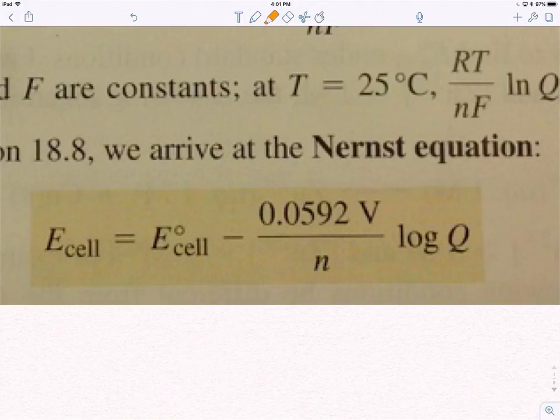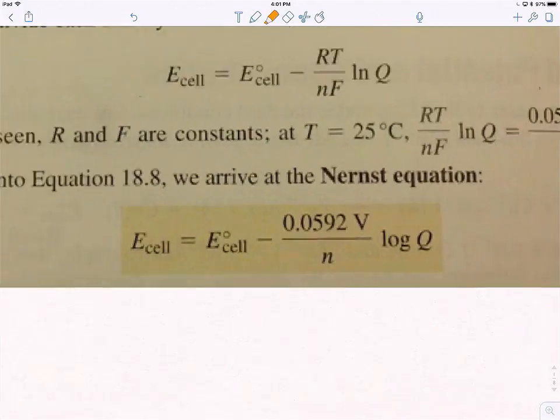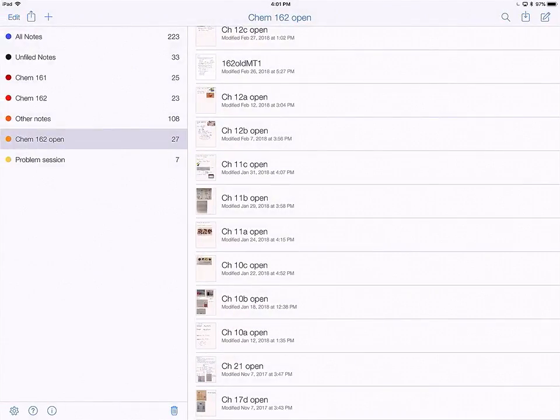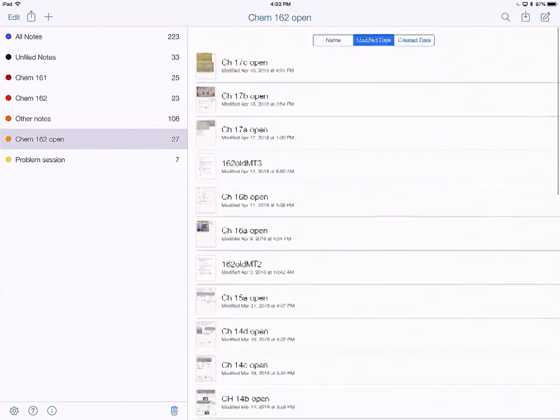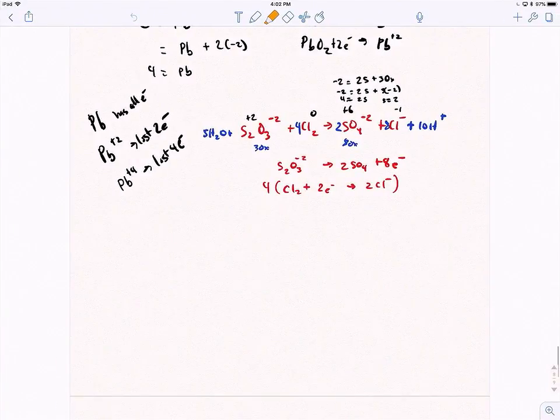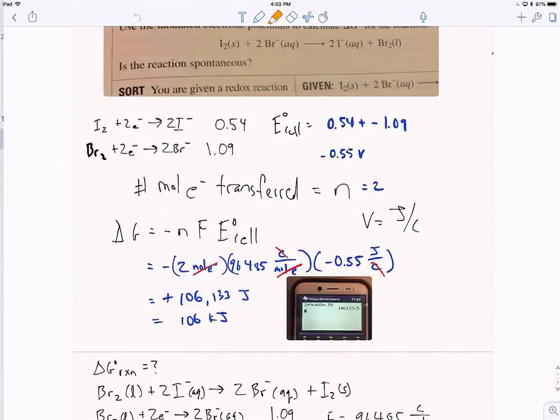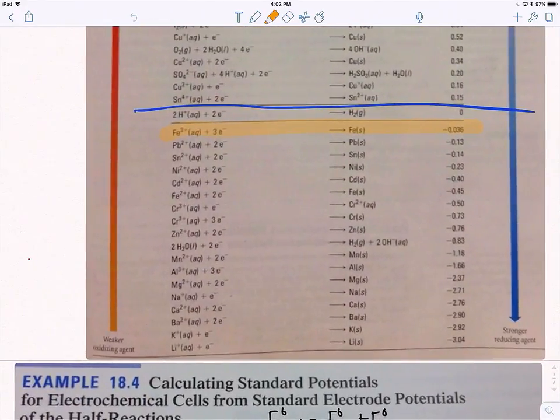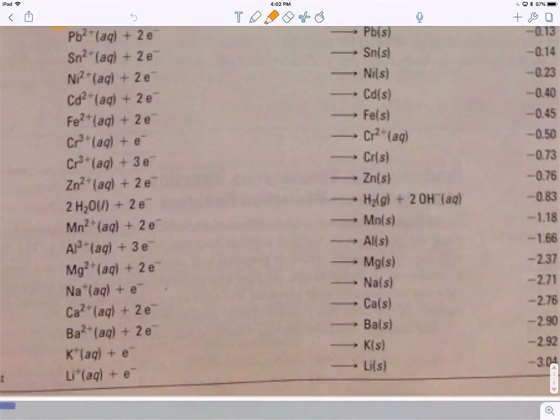So aluminum is actually a fairly reactive metal. If you look at the chart, oops, I'm on the wrong page, sorry. If you look at the cell potentials, aluminum is near the bottom, which means it's very reactive.